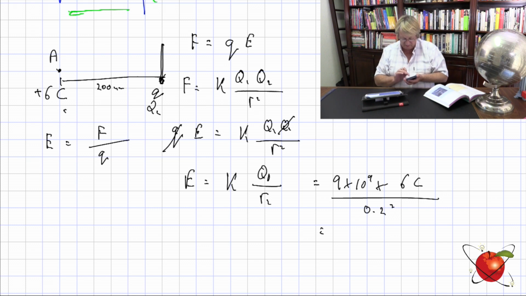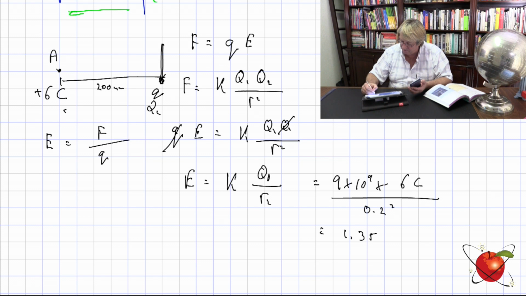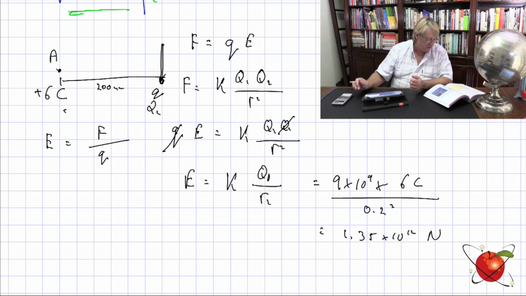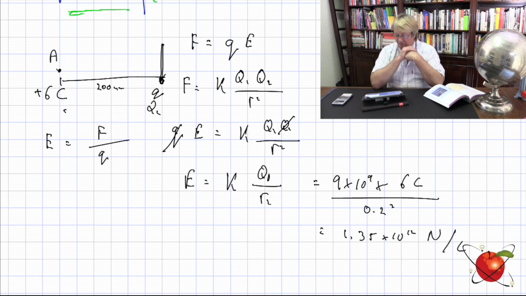It's going to be equal to 1.35 times 10 to the 12. Newtons, which is a pretty substantial force. Make that newtons per coulomb, my bad. It's the electric field strength.